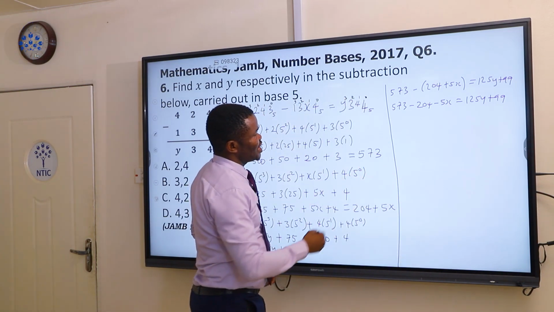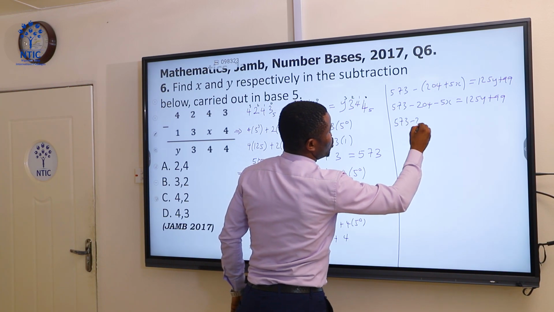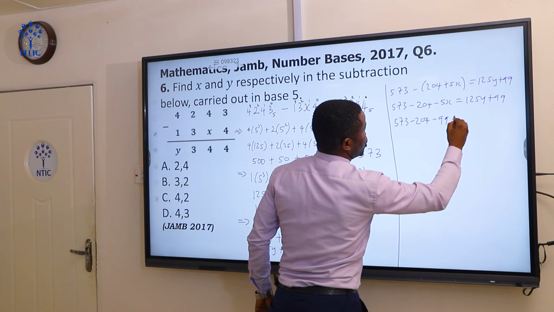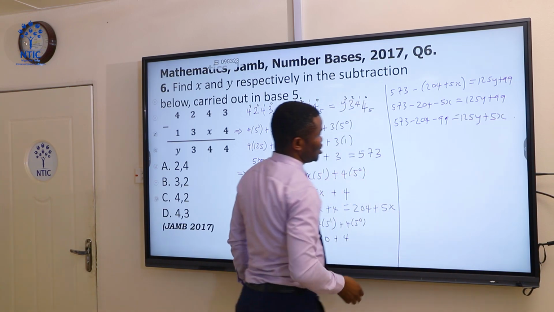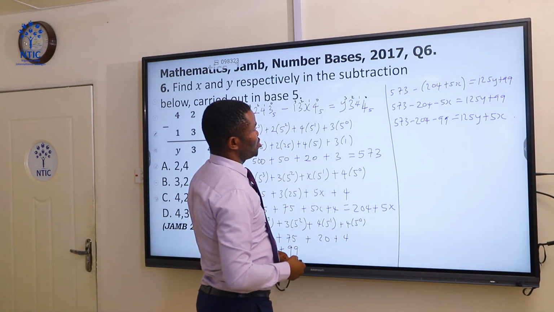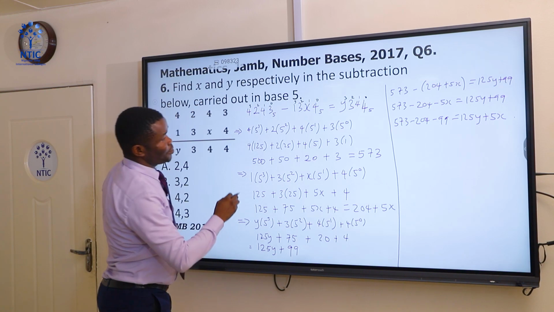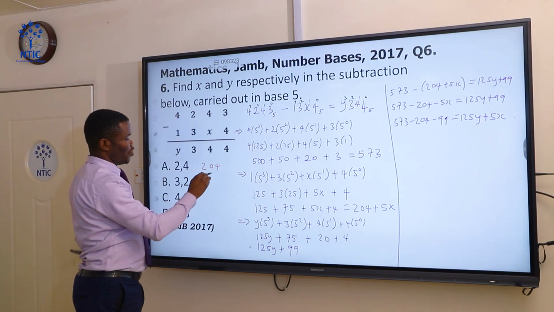So if we collect the like terms, we are going to have 573 minus 204 minus 99 is equal to 125y plus 5x. So if we do all this subtraction, first we can add 99 plus 204.